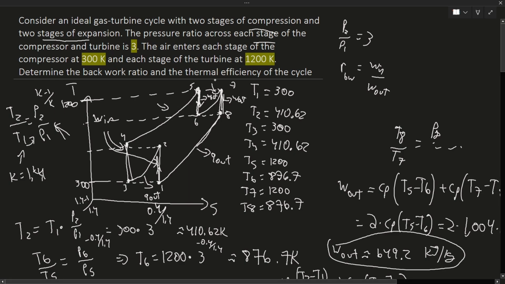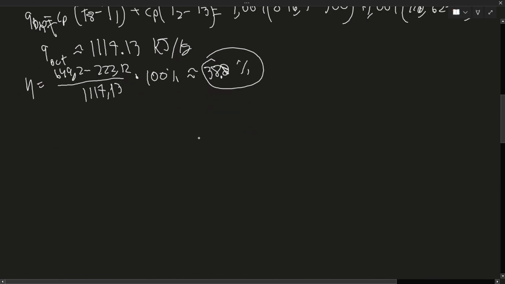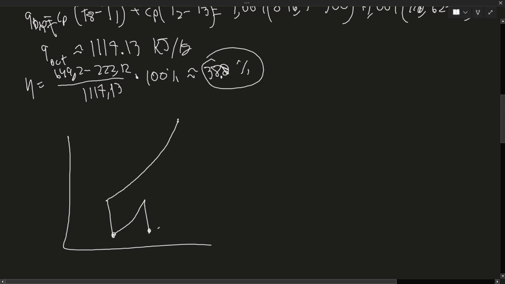Sometimes you're going to have intercooling and reheat. So if that's the case, let me just draw it over here. I'm not going to do it because it should be pretty easy. It's just going to be a mix of the intercooling and reheat problems. 6, 7, 8.